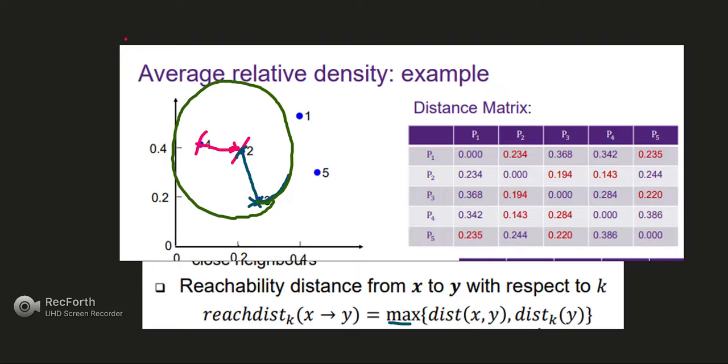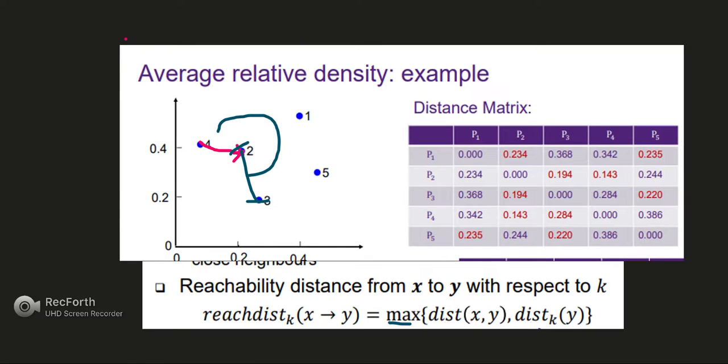And therefore, the neighborhood distance of point 2 is greater than the distance of point 4 to point 2, which means that our reachability distance for point 4 to point 2 is actually going to be equal to the distance from point 2 to point 3.